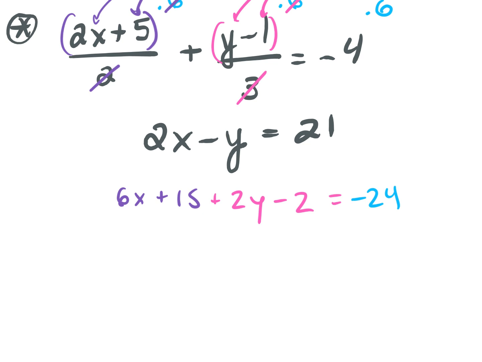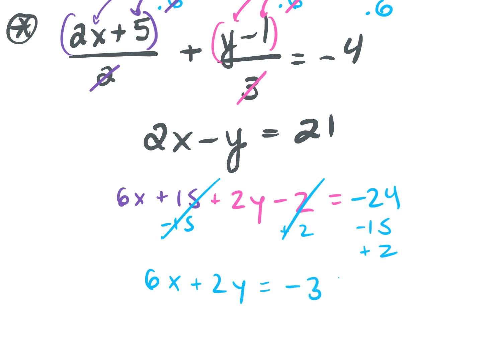Let's combine our like terms here. I have to subtract 15 on both sides. Oops. And add 2. So we get 6x plus 2y is equal to negative 35... 37.